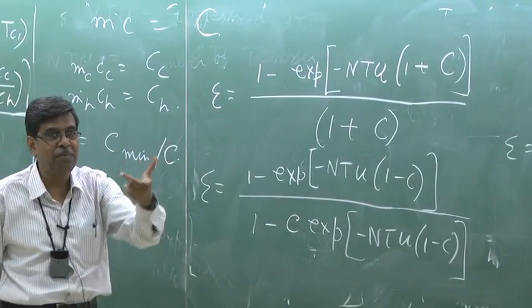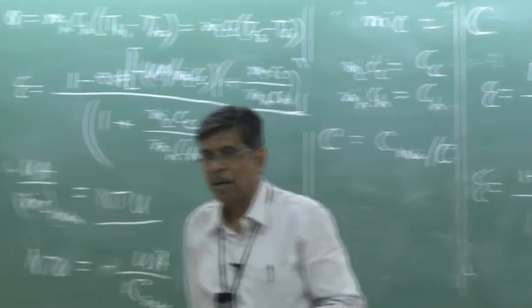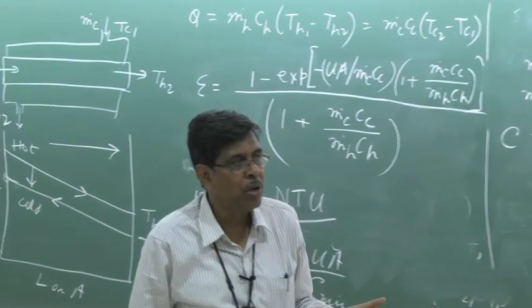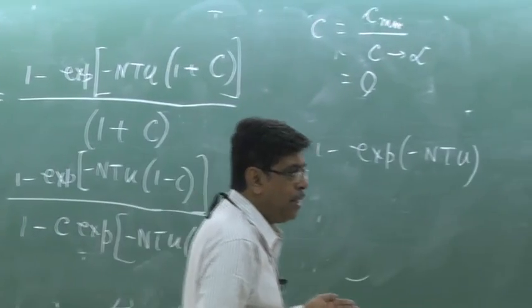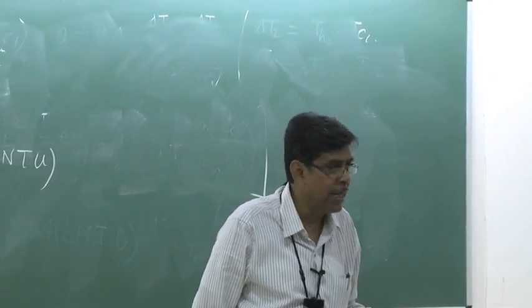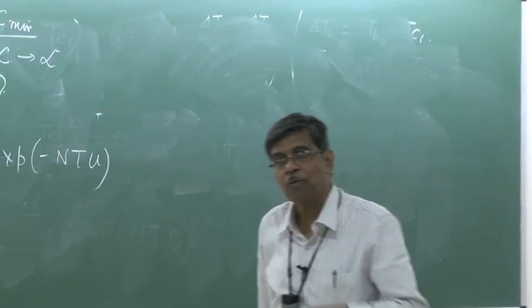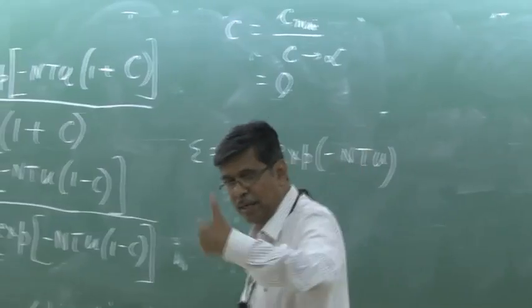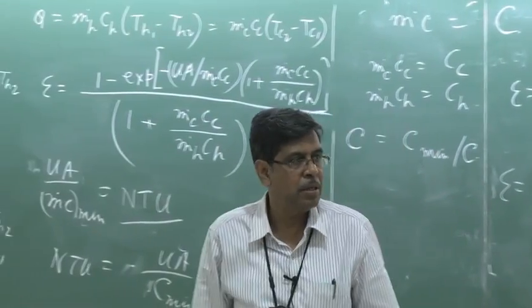And when the effectiveness is known, I can find out the temperatures. Clear? So this is a case where the rating will be done explicitly, no iterations. Rating means the size is given, and we have to find out the heat transfer. That means all 4 temperatures are not known explicitly. Clear?